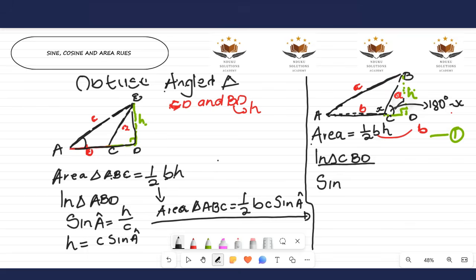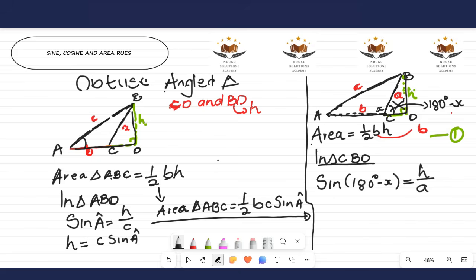So the opposite side will be H. The angle is actually 180 minus X, and the opposite is H. And then the hypotenuse of this will be A. And then we know that 180 minus X is in the second quadrant, and sine is positive in the second quadrant.